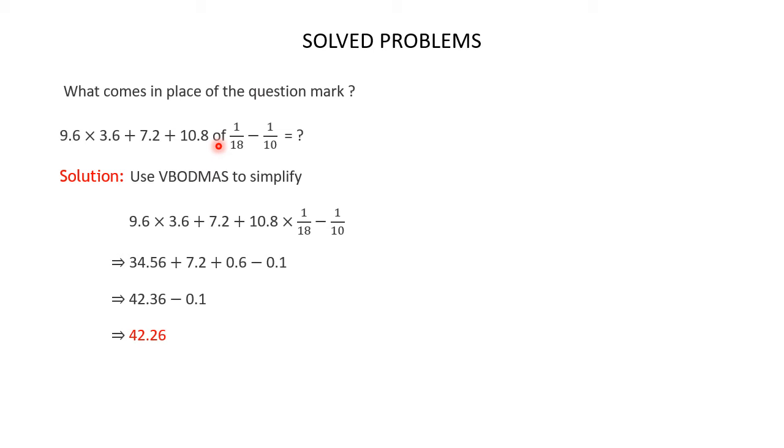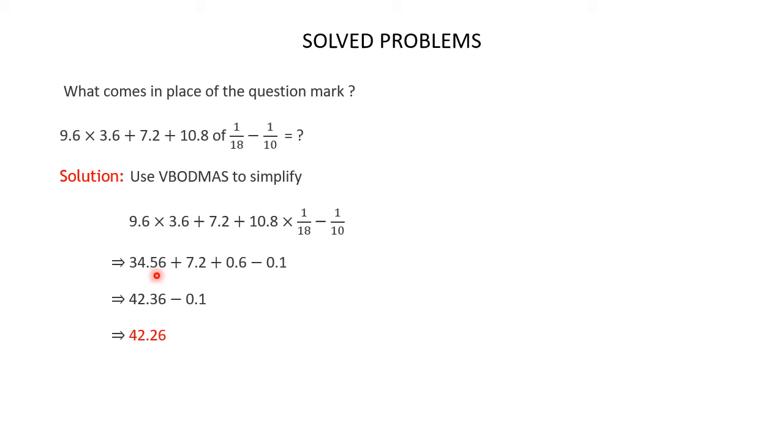change 'of' into a multiplication sign. So you'll get 10.8 multiplied by 1 by 18. Next operation is multiplication. So 9.6 multiplied by 3.6 will give you 34.56 and 10.8 multiplied by 1 by 18 will give you 0.6. Next order of operation is addition.